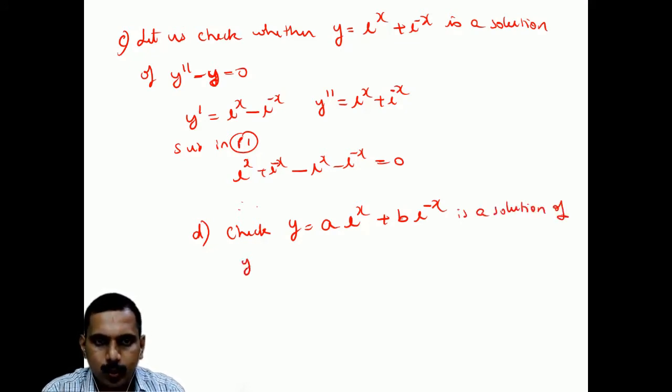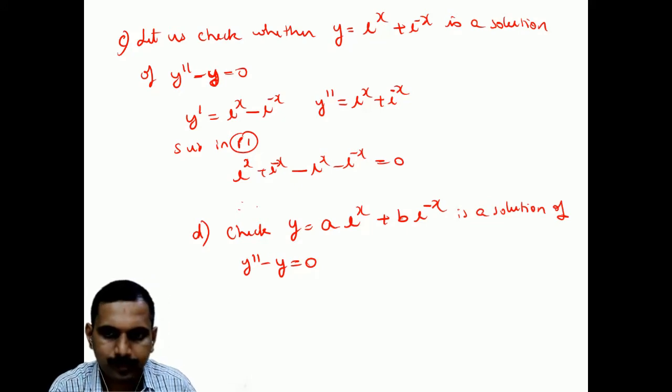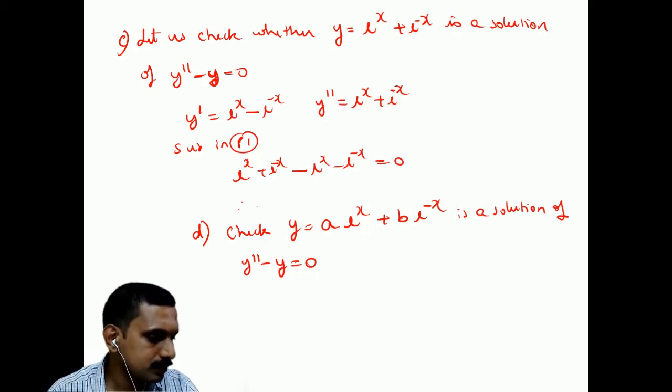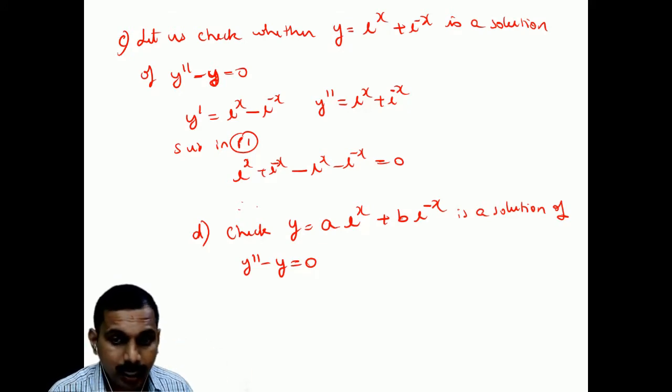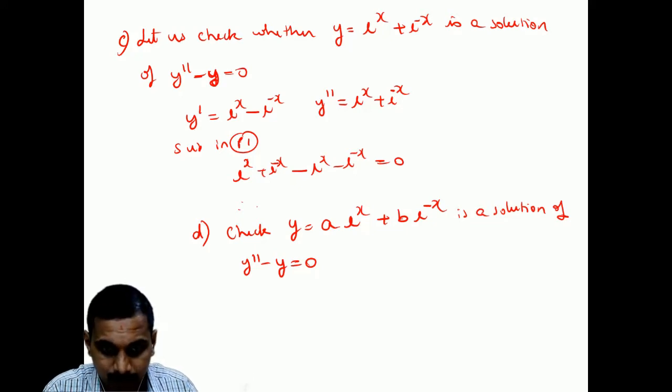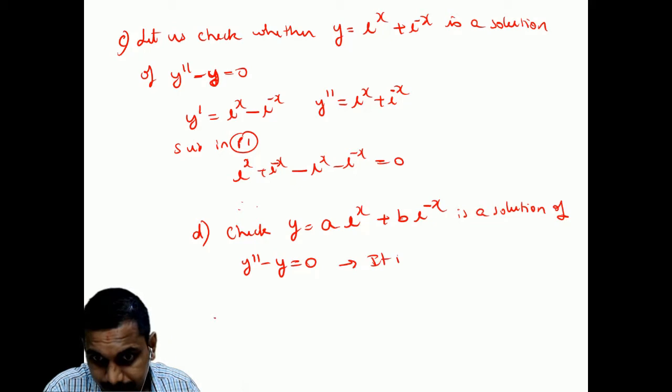Solution of y double dash minus y is equal to 0. Check whether this is a solution. It is, sir. It is a solution, correct? So now let us check another one.